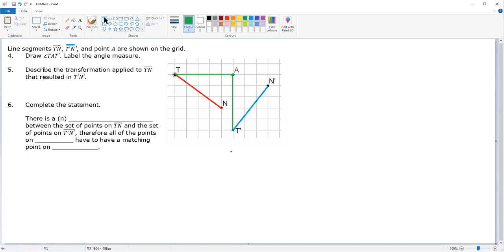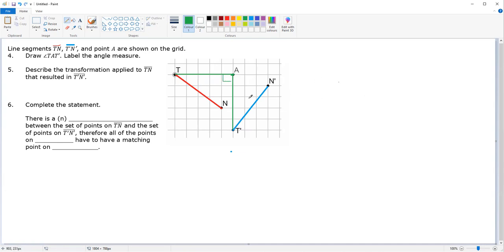Label the angle measure. It says 90 degrees. I'm going to label it like this. Like that. It's 90 degrees. It bothers me, but it's going to go wonky, it'll stay wonky. That's my 90-degree angle.